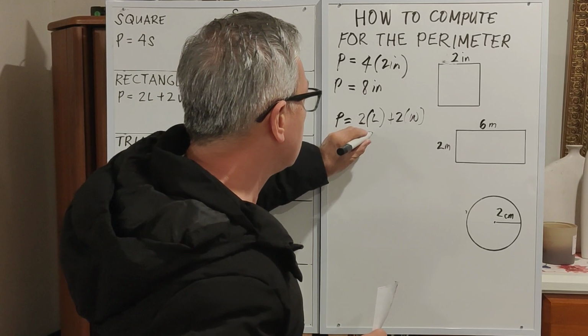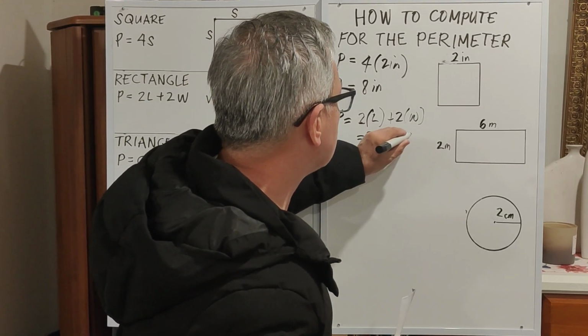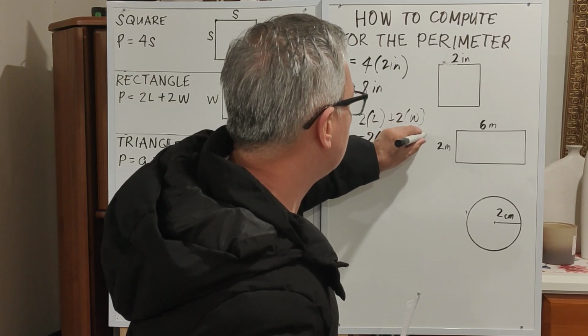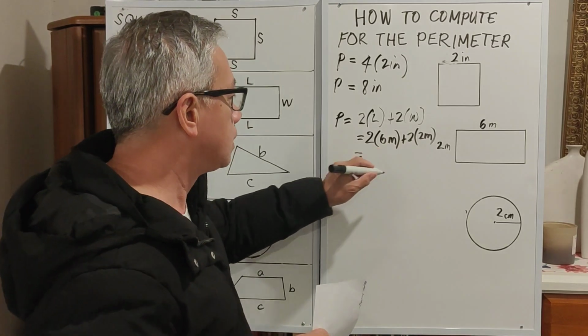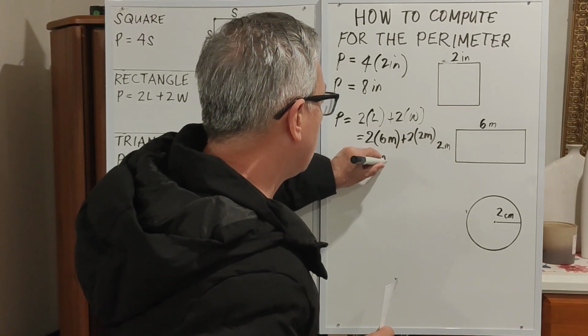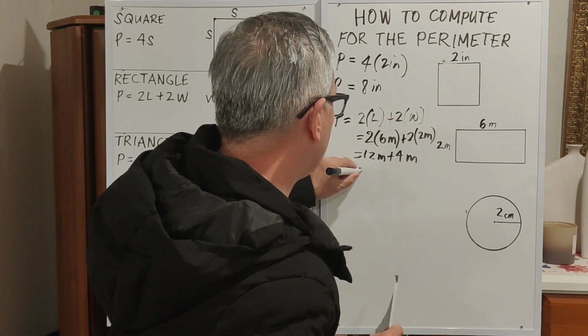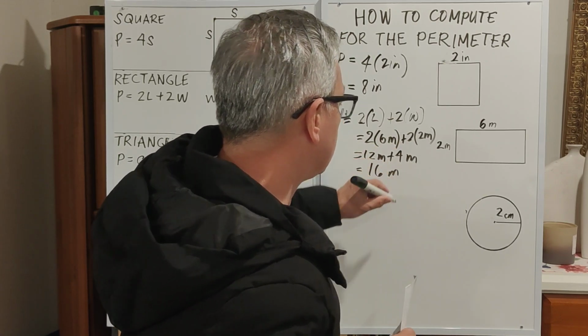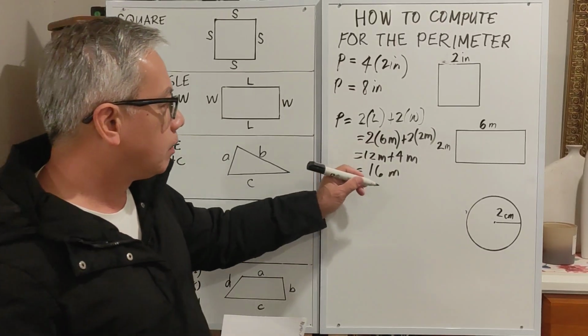So 2 times 6 is 12 meters, plus 2 times 2 is 4 meters. We have 16 meters. Always include the units. And that's the perimeter for the rectangle.